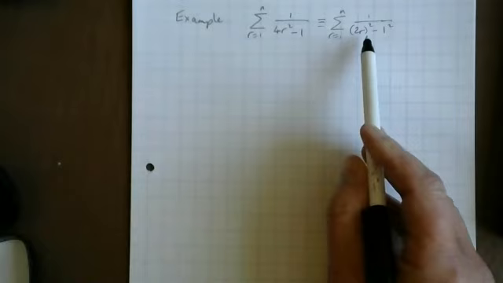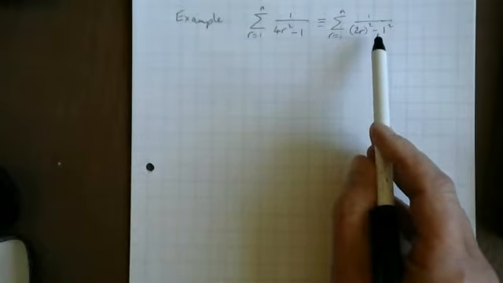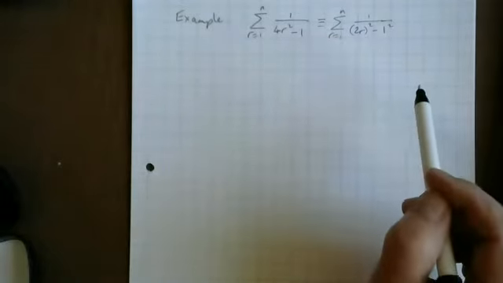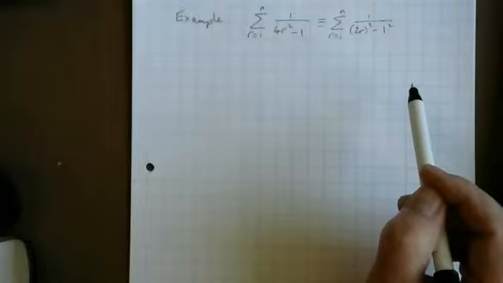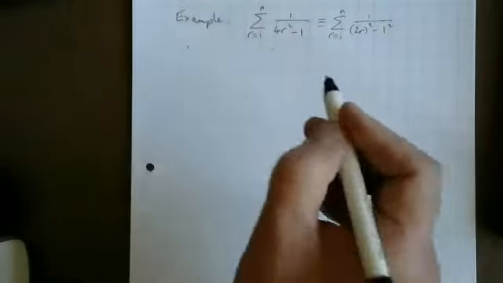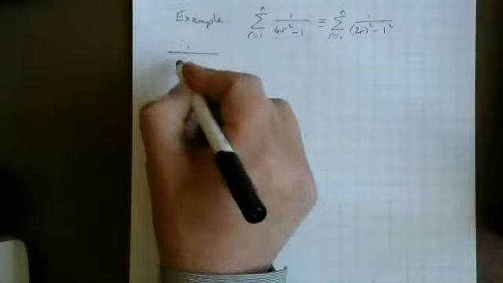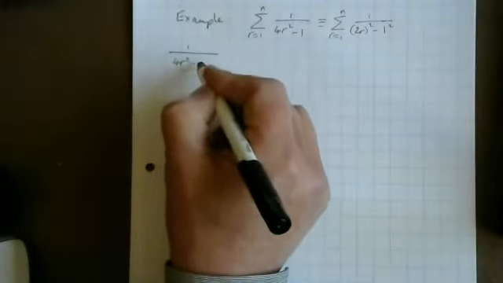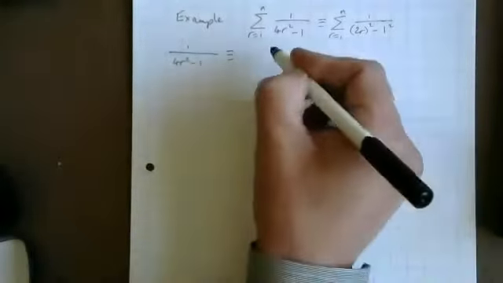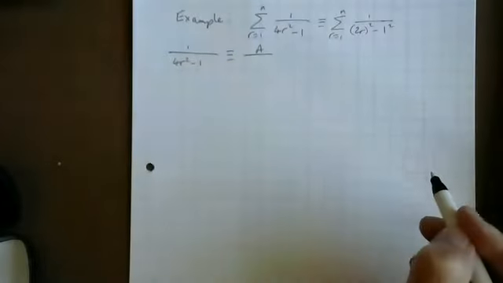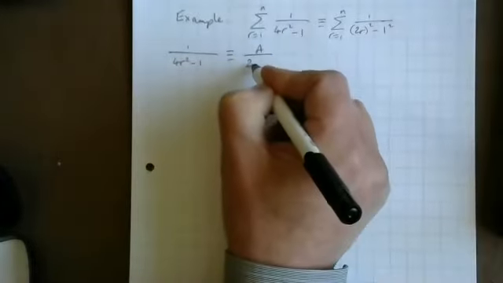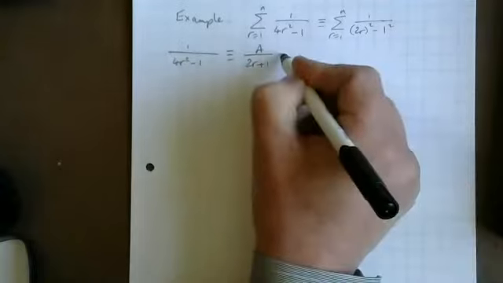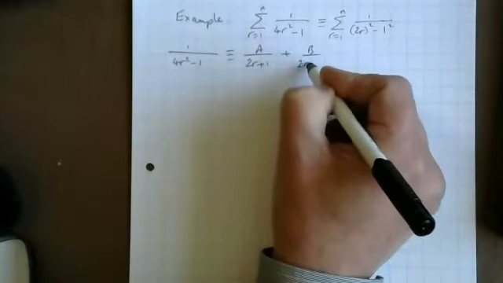So we're going to rewrite this as 2r plus 1, 2r minus 1, difference of two squares. So let's do that. 1 over 4r squared minus 1 is identical to a over 2r plus 1 plus b over 2r minus 1.